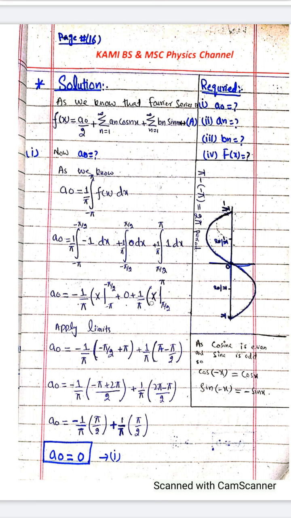This is 0, plus 1 over pi, and we put the limit here: pi minus pi by 2. Now a naught is equal to minus 1 over pi, so take the LCM of these two. The LCM is 2, so minus pi plus 2 pi, plus 1 over pi, here we take the LCM, so 2 pi minus pi divided by 2.